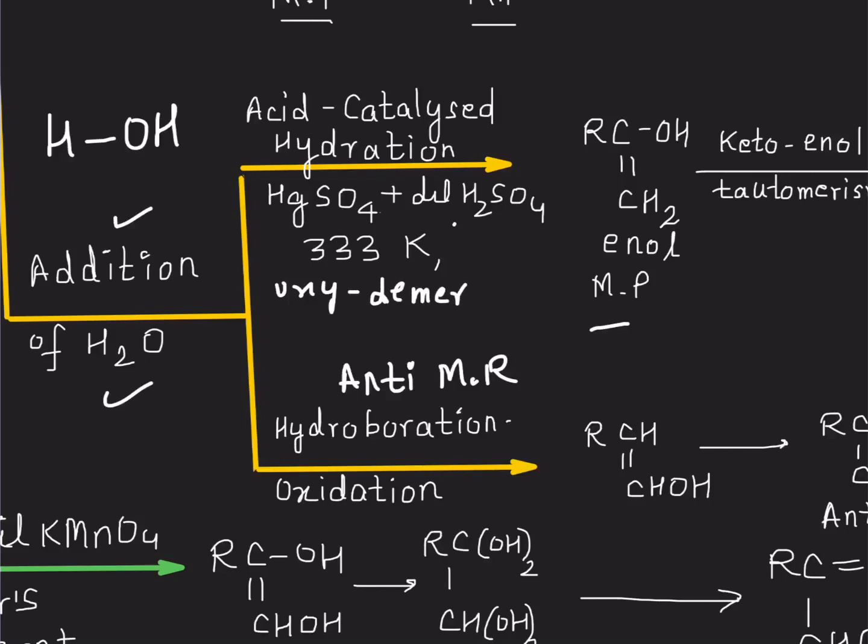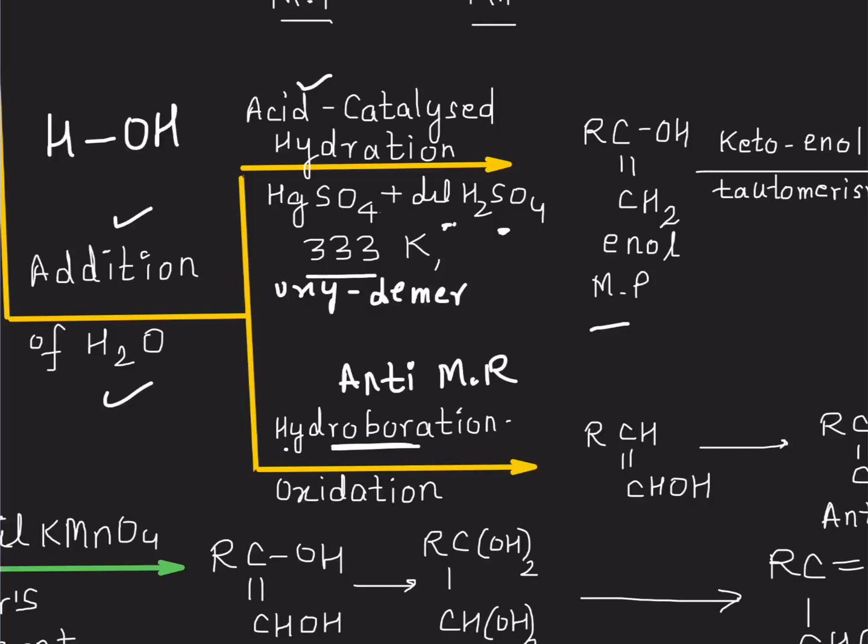Yes, so we've got mercuric sulfate, dilute H2SO4 and 333 Kelvin as the temperature. This is called acid catalyzed hydration in the presence of an acid. Don't worry, I will move the flow chart for you to copy. The other reaction is if you are doing the hydration by the process of hydroboration oxidation.